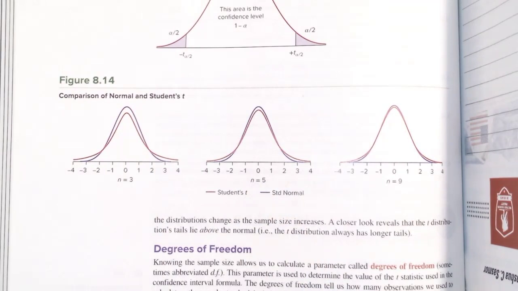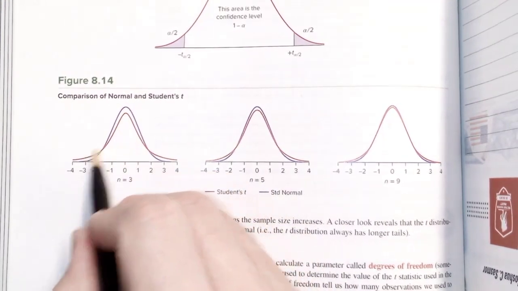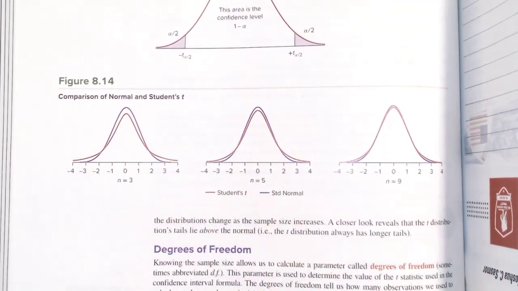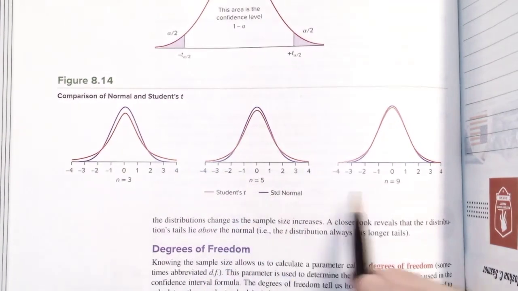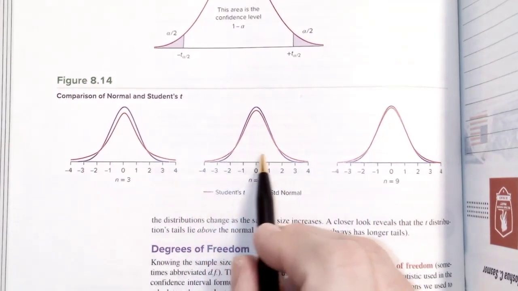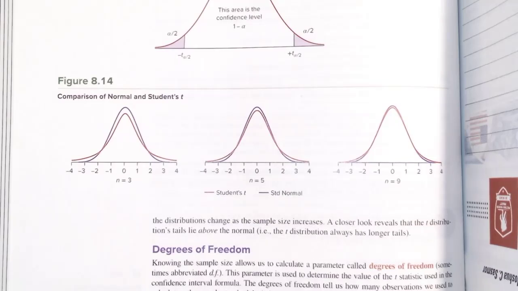It wasn't normal. So there was a larger chance of being out on the end. So he developed this red curve, which has further out, higher tails. As the number of samples gets larger, as our degrees of freedom increase, these get closer and closer together. But in the t distribution, the tails are always bigger.